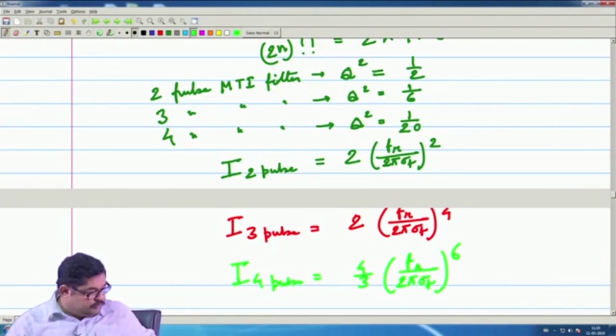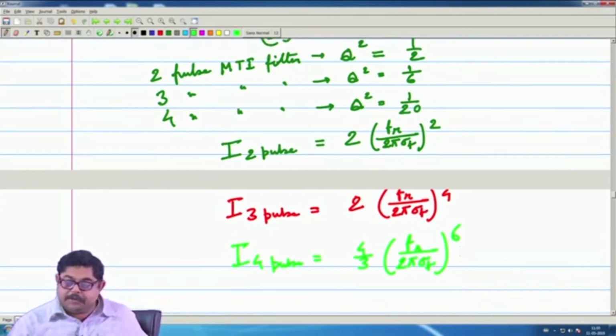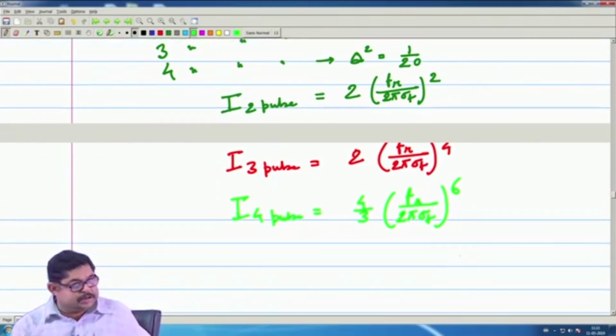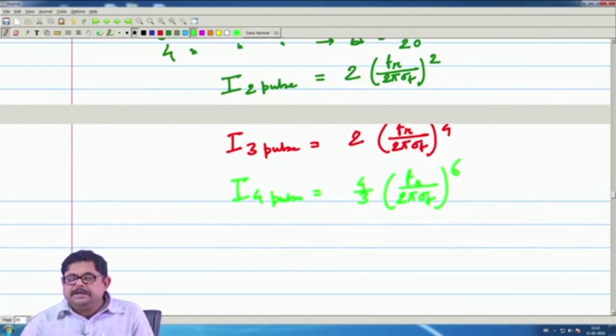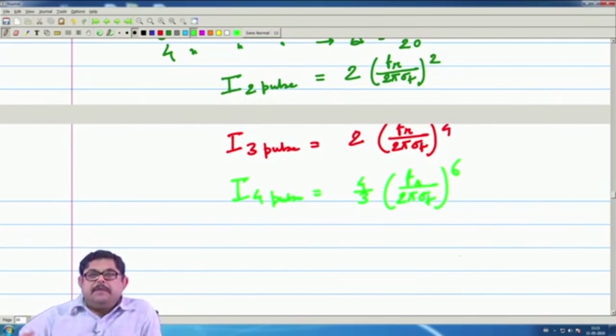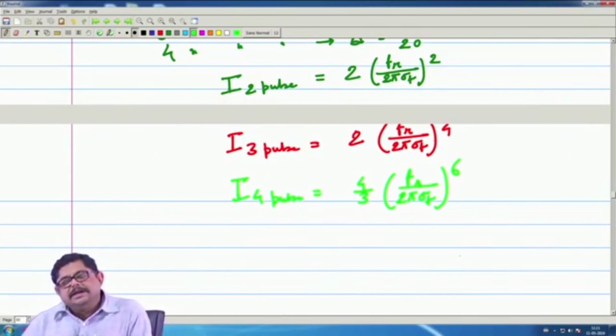Now, subclutter visibility, I will describe qualitatively, because we have not seen certain things.